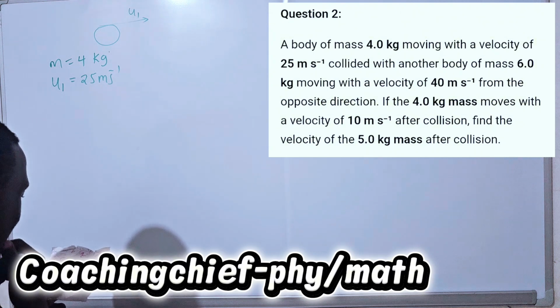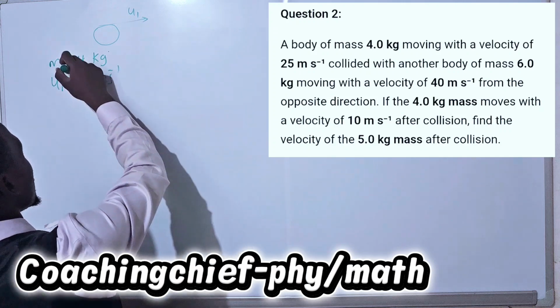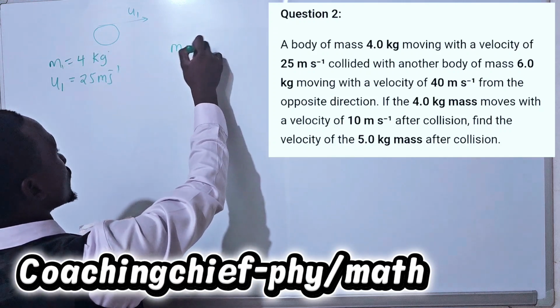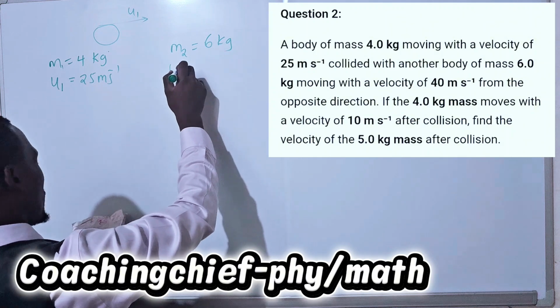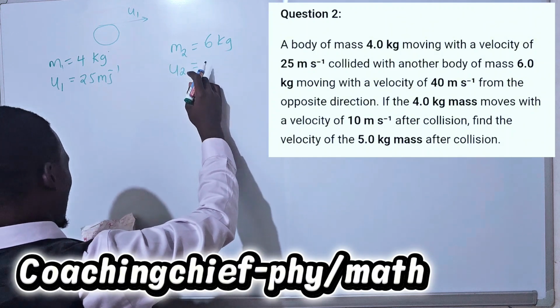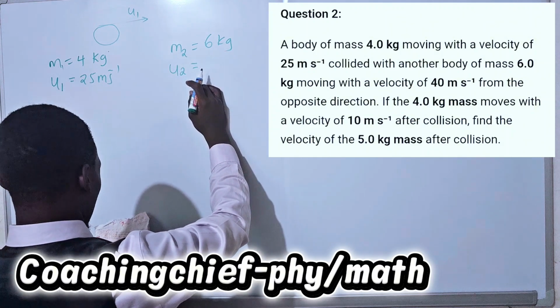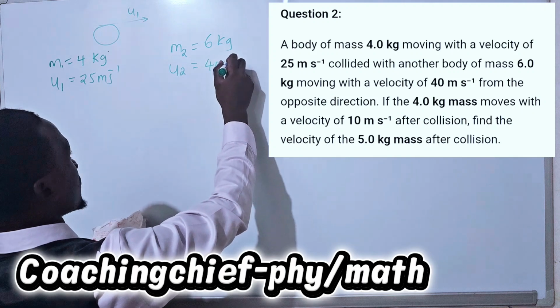Collided with a 6.0 body. So it collided with body 2 of 6 kilograms, moving from the opposite direction with 40 meters per second.